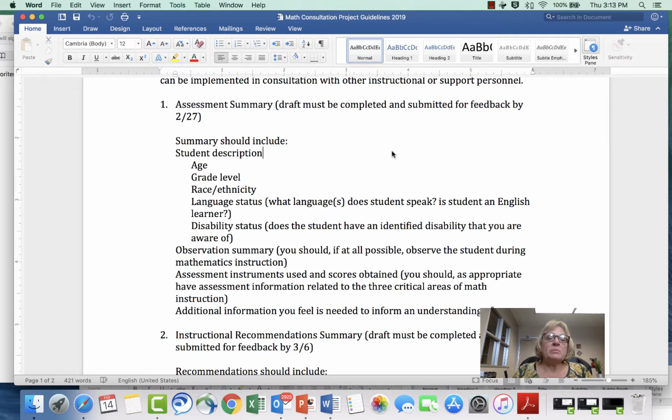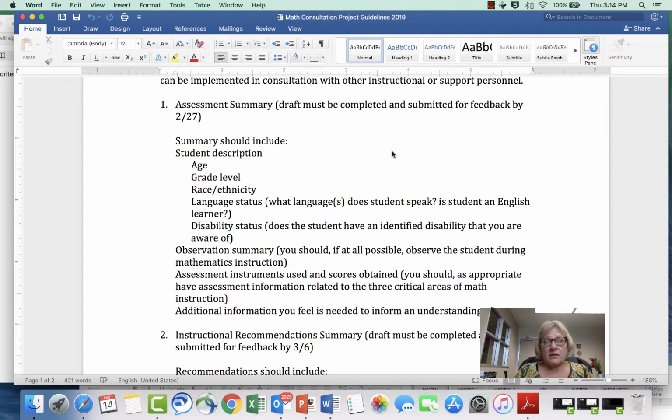If at all possible, please observe the student that you're going to work with during math instruction or during math tutorial if you're at the Garcia Center. Try to find out when that is. What you see may be more along the lines of homework support, but find out if there's a dedicated time that they're working with that student in the area of mathematics.